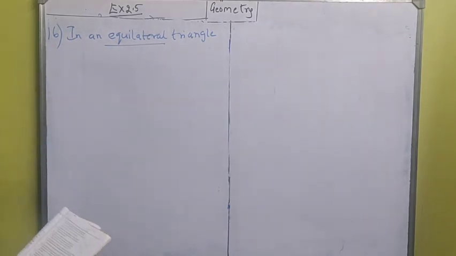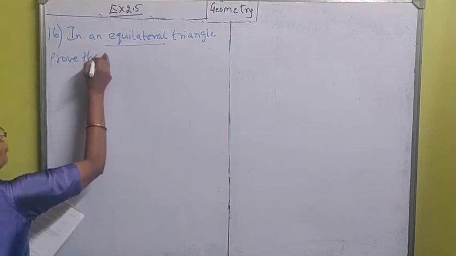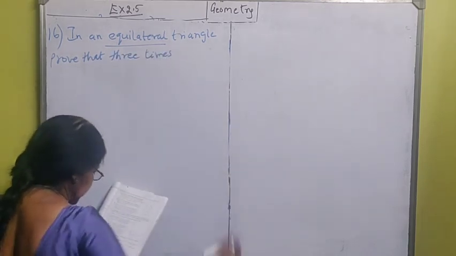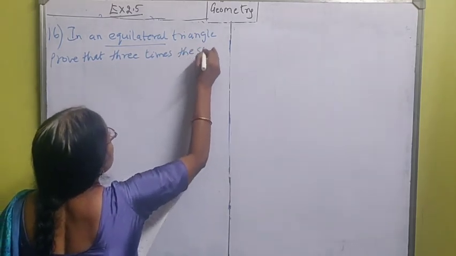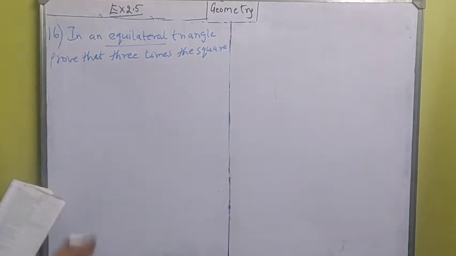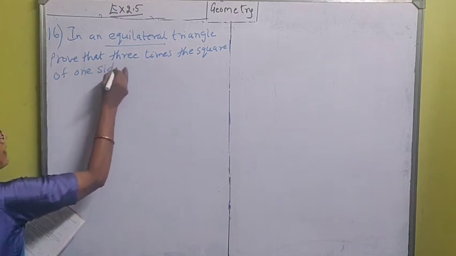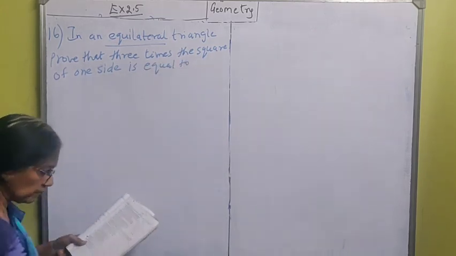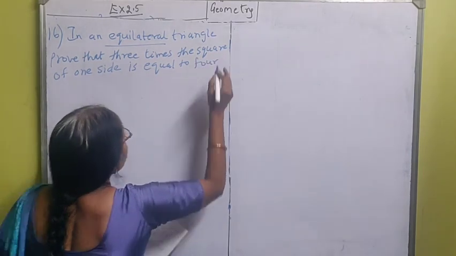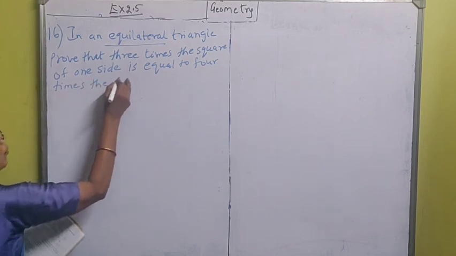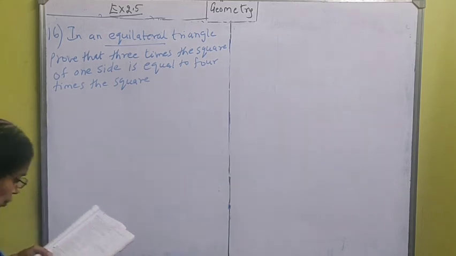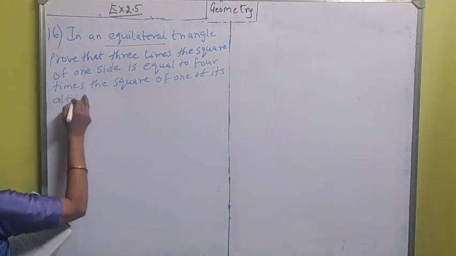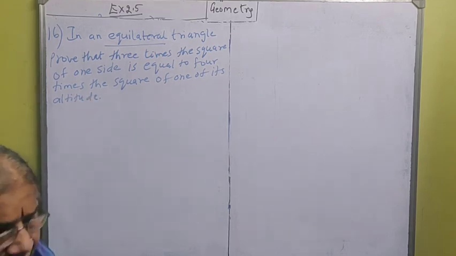So in an equilateral triangle, prove that 3 times the square of one side is equal to 4 times the square of one of its altitude. So this is the sum given.